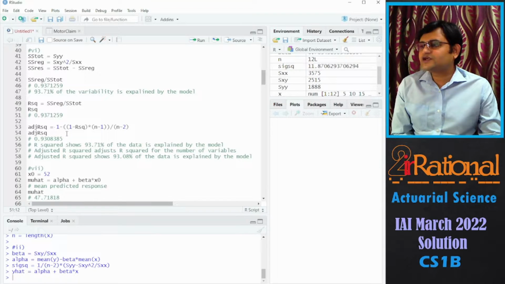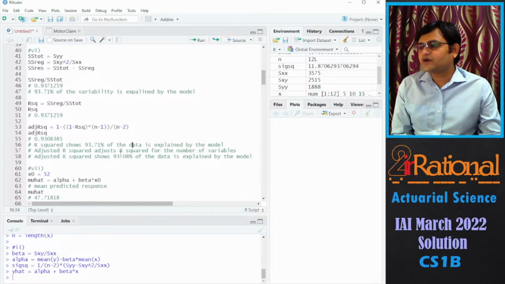And the adjusted R square is going to adjust for the number of variables. So it becomes 1 minus R square multiplied by n minus 1 upon n minus 2. So our adjusted R square comes out to be 93.08%. Okay, so R squared shows 93.71% of the data is explained by the model.